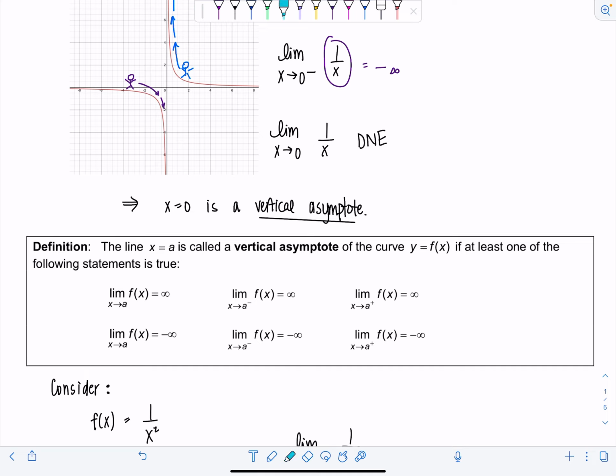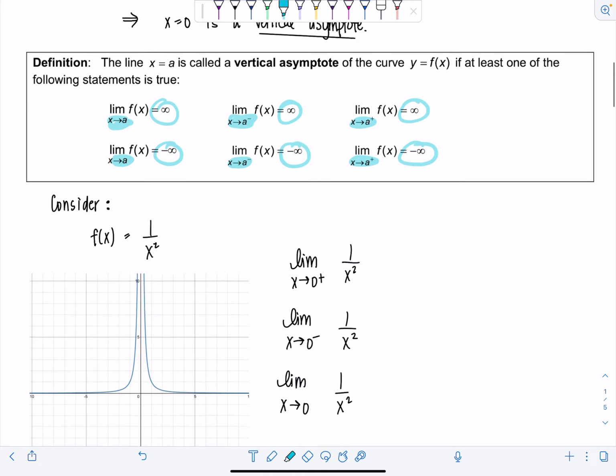Basically, as you approach some number a, and it could be either from the left side, from the right side, or two-sided limits, if your function approaches either positive or negative infinity, then you have a vertical asymptote in your graph. Okay? Good. So we're going to look at some more examples graphically, and then we're going to see how to evaluate infinite limits algebraically without using graphs. There's a way, don't you fret.